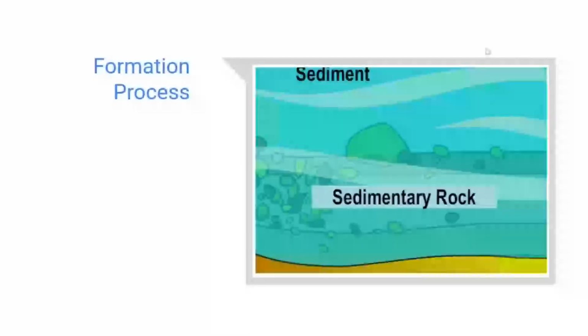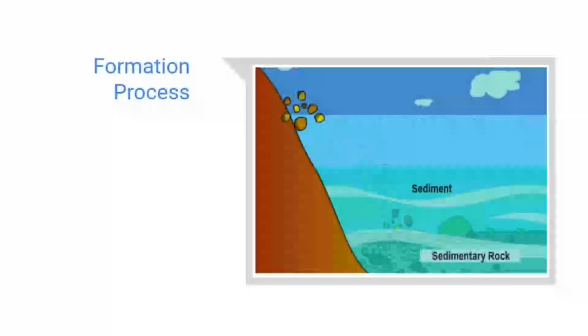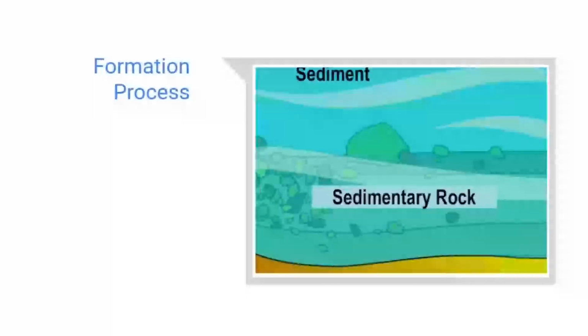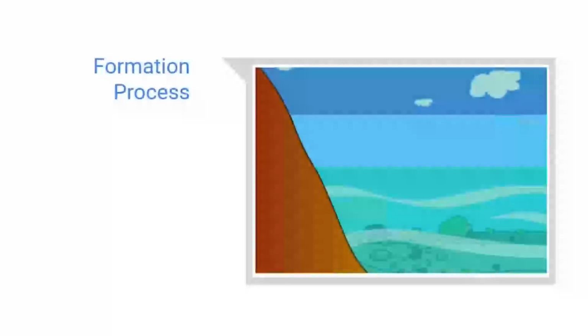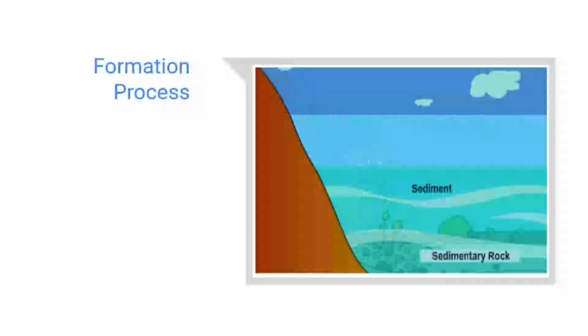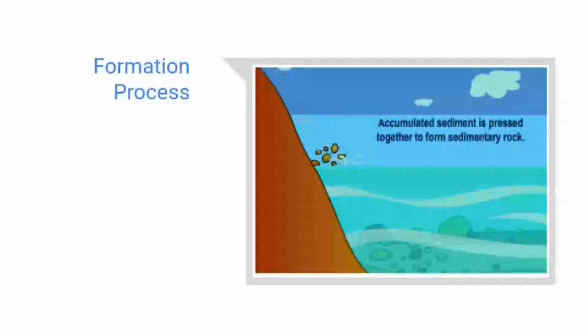These smaller pieces of rocks, along with the particles of mud and clay, are called sediments. And when these sediments are transported from one place to another by the forces of nature, that is wind and water, they get deposited.